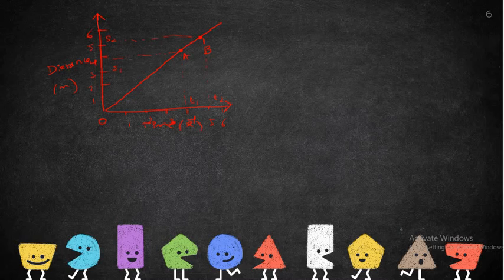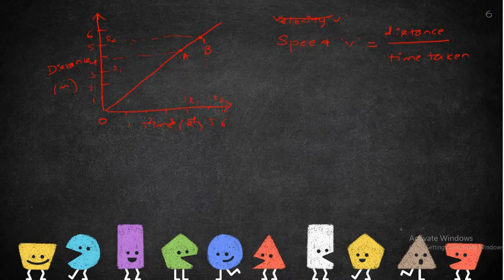S represents the distance. So we all know that speed is represented by the symbol V, and we define speed as the distance traveled by the object to the time taken.